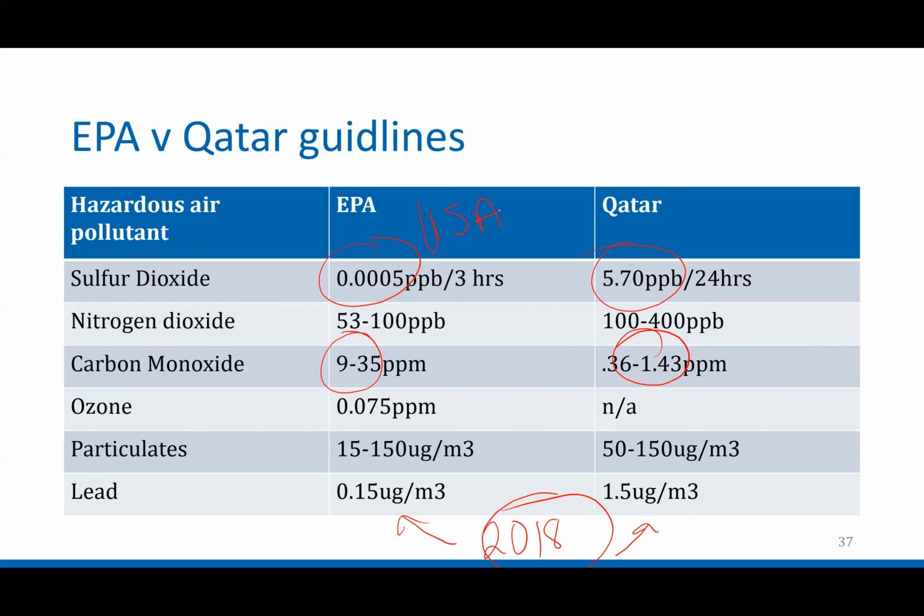So you can see not every country has the same amounts or even system. The USA, what I found was 3 hours, here is 24 hours, things like that. So if you don't work in the Middle East, maybe you go work somewhere else in the world, they'll have their own set of guidelines. Like now, this might not be true in 2020, but when I was researching this in 2018, I didn't find anything for ozone. So some of these things might be updated every year as well.